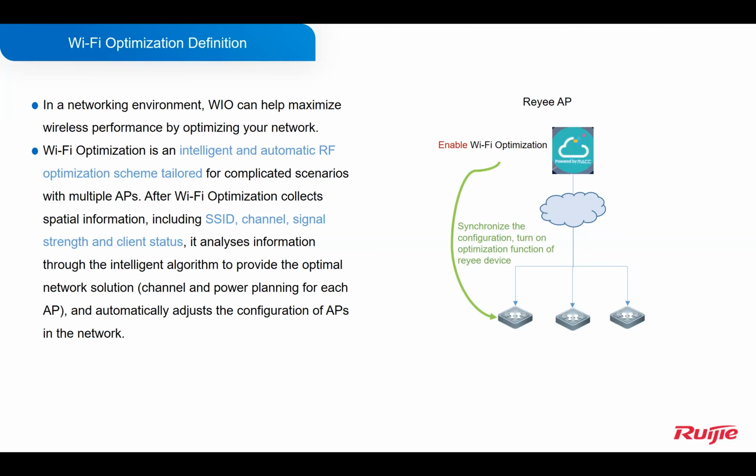The AP will collect information such as the SSID, channel, signal strength and client status, and then the AP will do the optimization in our network, and after that the AP will feed the results back to the Reyee Cloud.